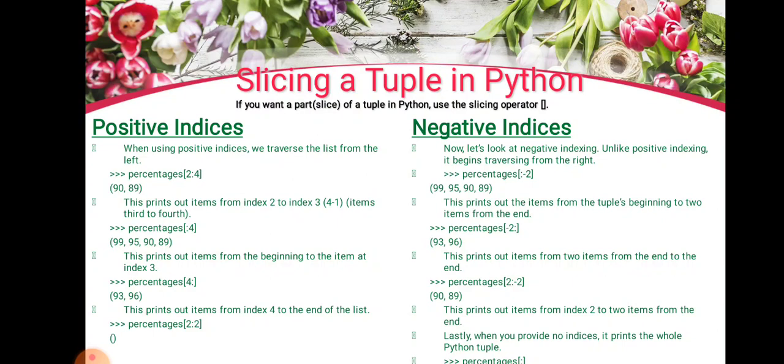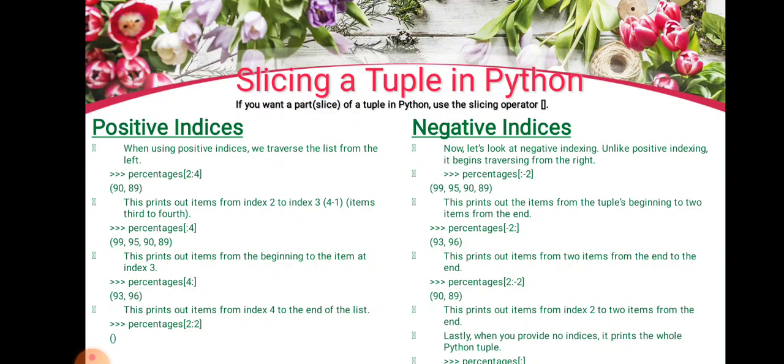We are all familiar with this indexing. Positive indexing starts from the left-hand side to the right-hand side, that is 0 to n elements. Negative indexing starts from the right-hand side to the left-hand side, starting with -1 until minus n.